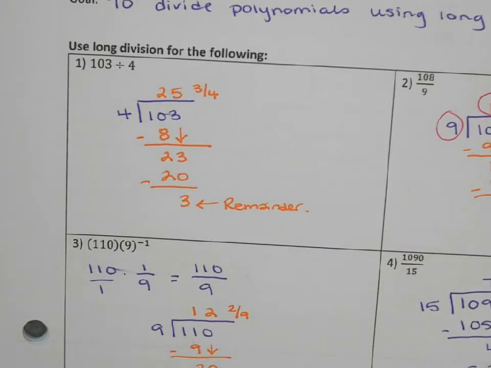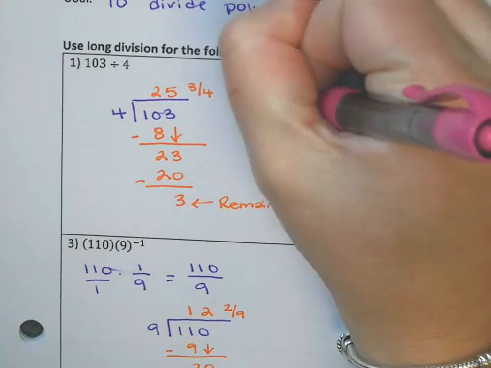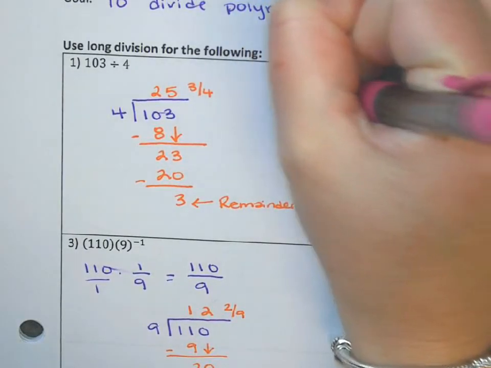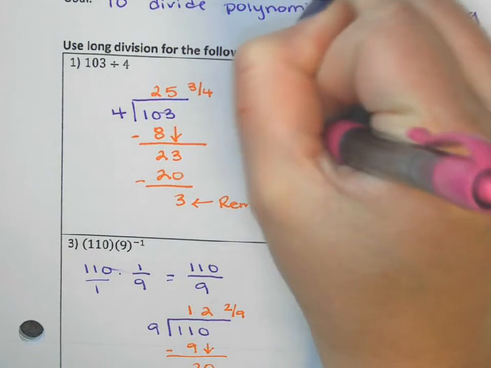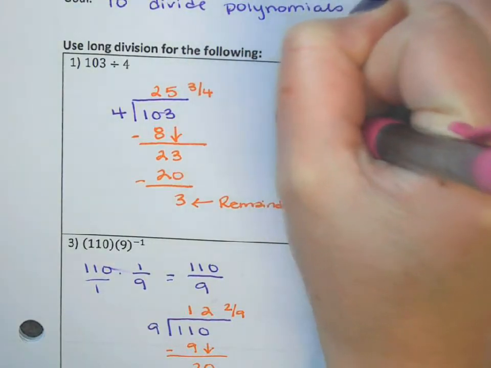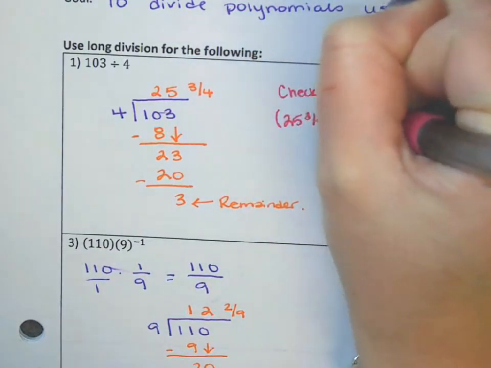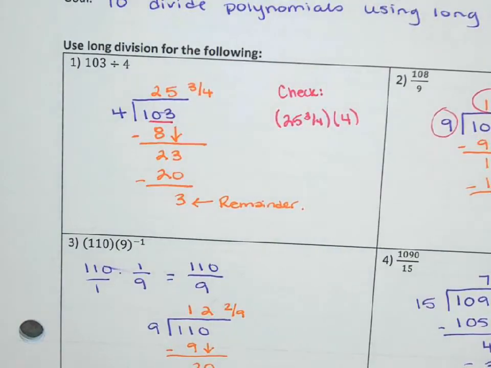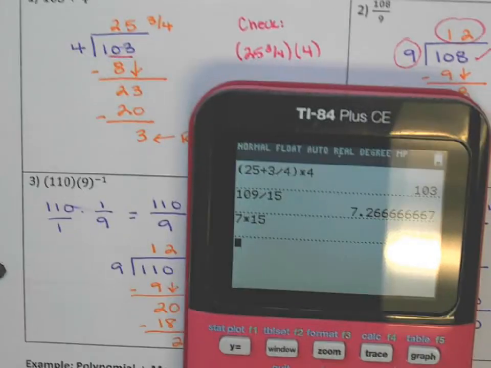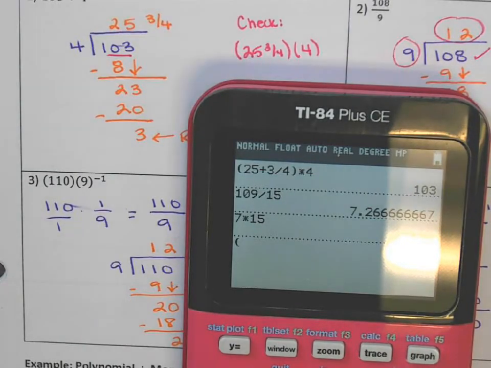On this one, to check it, we can do 25 3/4 times 4, and hopefully we'll get that 103 number. Now be careful when you type this in though, because you can't really type in 25 3/4, but what I can type in is 25 plus 3/4 in parentheses, because isn't that going to be 25 3/4?